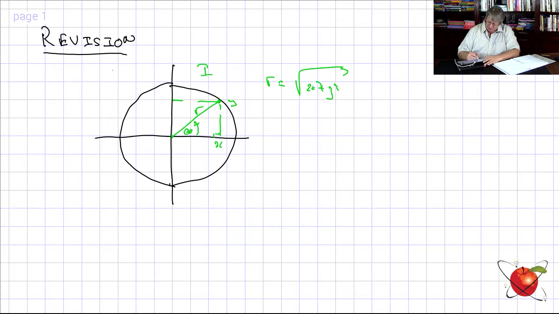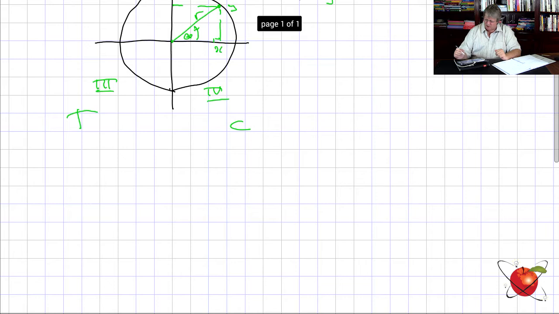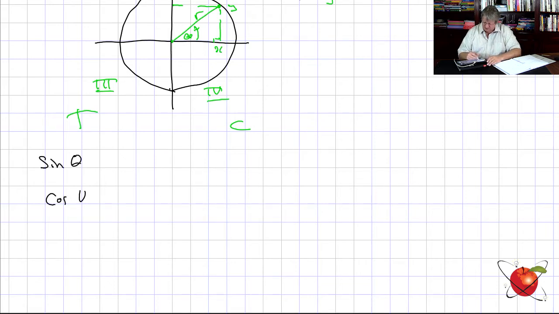We then had quadrant 1, quadrant 2, quadrant 3, and quadrant 4, and we also had the mnemonic ASTC, or CAST, whichever way you prefer to remember it. So lastly, we had the situation where the sine of theta, the cosine of theta, and the tan of theta are expressed as opposite over hypotenuse, adjacent over hypotenuse, and opposite over adjacent.